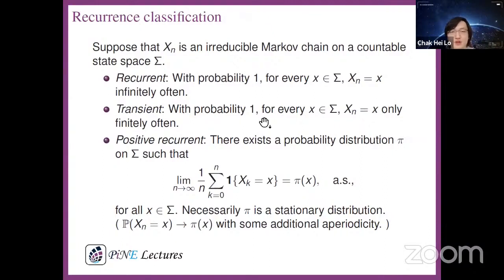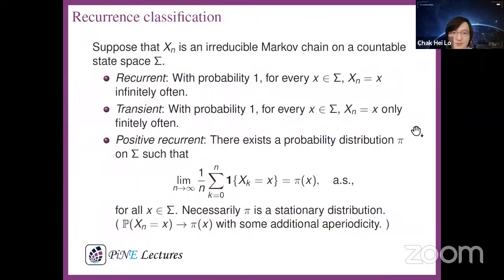On the other hand, if it's transient, then with probability 1, for every x in Sigma, Xn is equal to x only finitely often. In some sense, after the process Xn visits a point x finitely many times, it will go away and never come back. Okay, so that's what it means by transient.